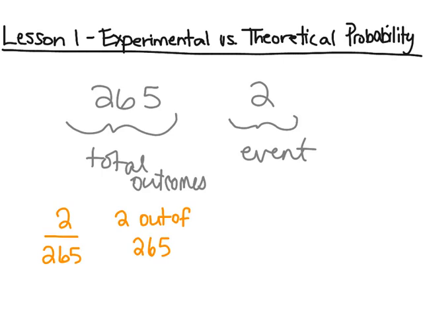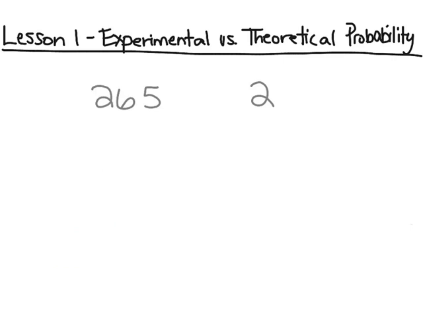To find a decimal, you divide 2 divided by 265 to get 0.008. And to make that into a percent, you can times this by 100, or move the decimal over twice to get 0.8%. So there's a 0.8% likelihood that a light bulb is defective.